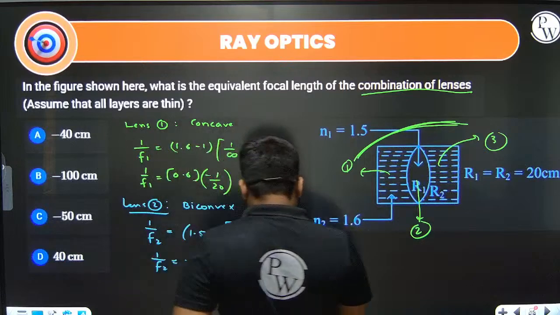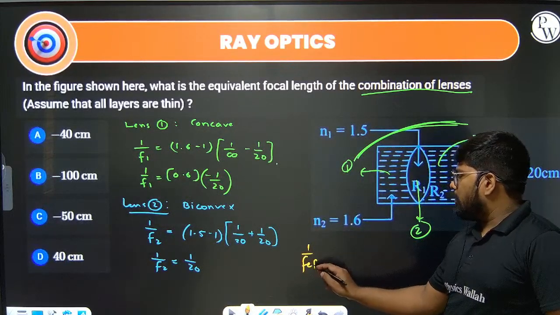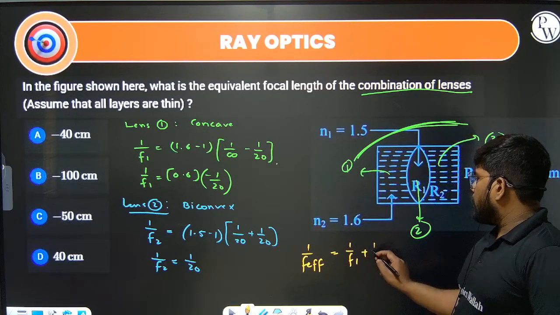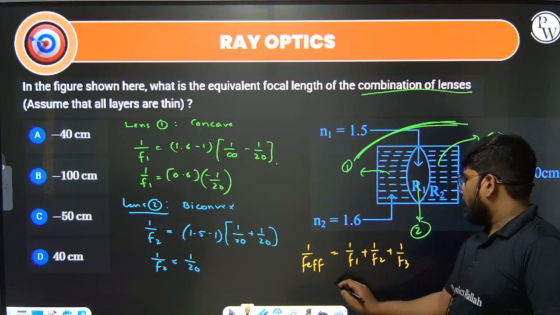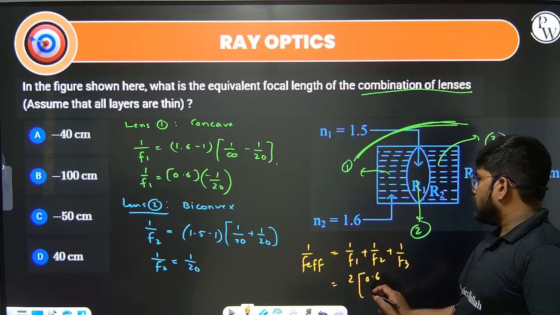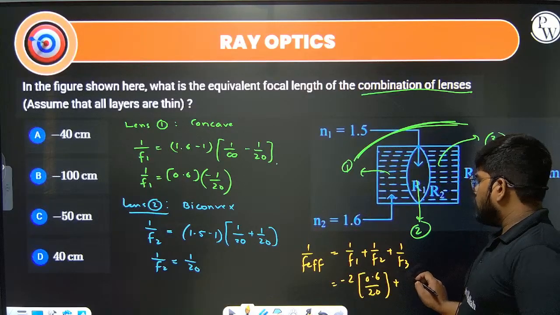We want to find the effective focal length, so we are almost at the end of solving. 1 by f effective is equal to 1 by f1 plus 1 by f2 plus 1 by f3. But f1 and f3 are both the same, so I'll write it as 2 into 1 by f1, that is 0.6 by 20, with a minus, plus 1 by 20.